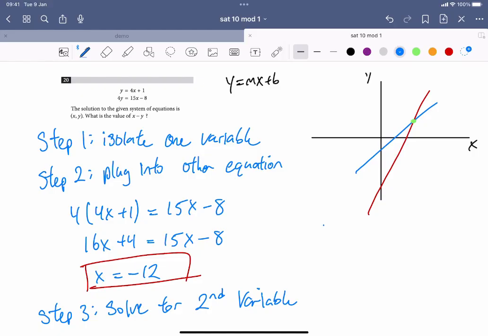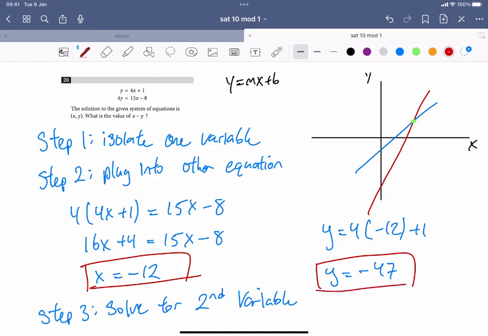So we will get y equals 4 times negative 12 plus 1. y would equal negative 48 plus 1, negative 47. And we found our y. So we found x and y. What does this mean graphically?